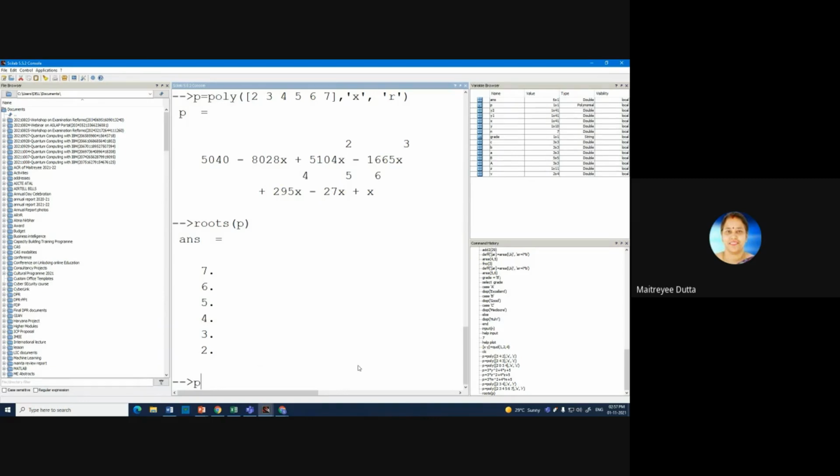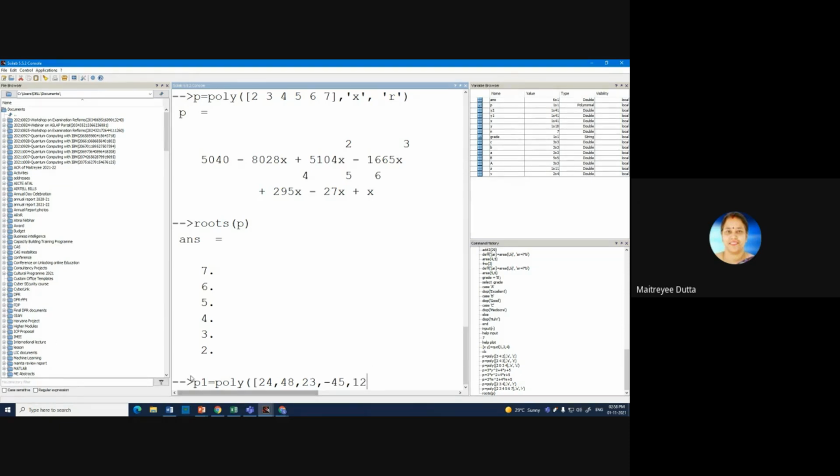For example, I can take P1 equal to poly of, and what are the coefficients? I have the equation, so I know the coefficients. For example, say 24, then 48, then 23, then minus 45, then 12.